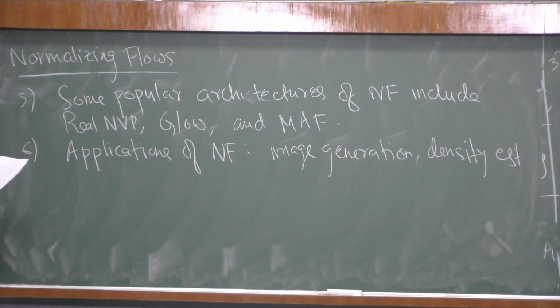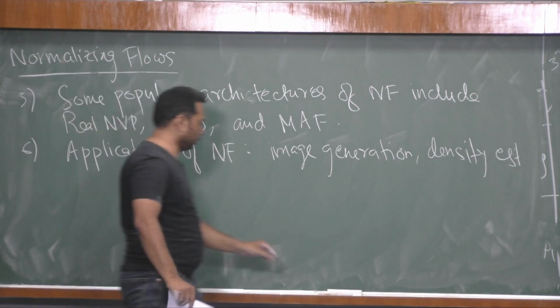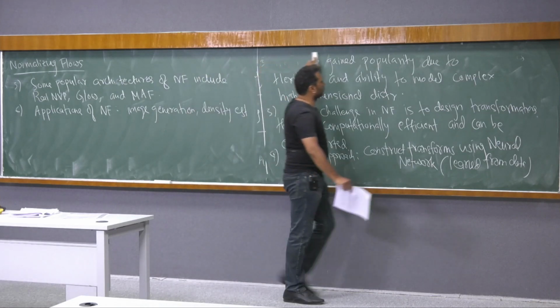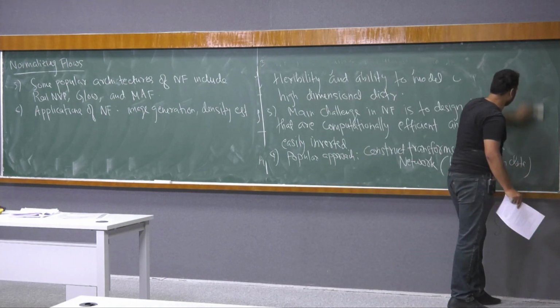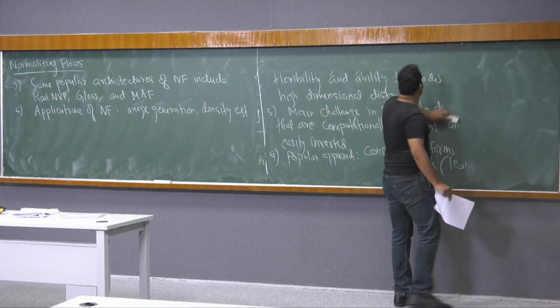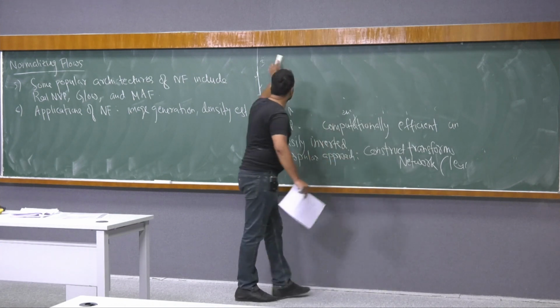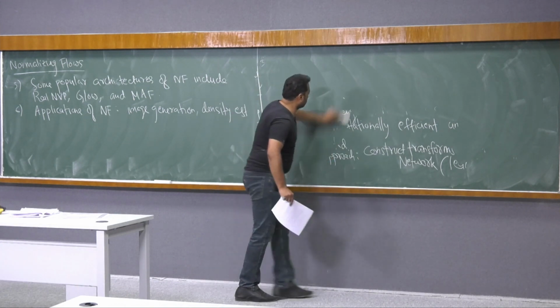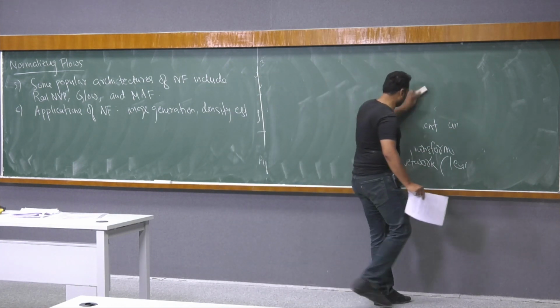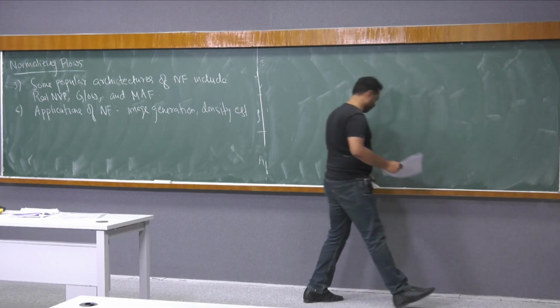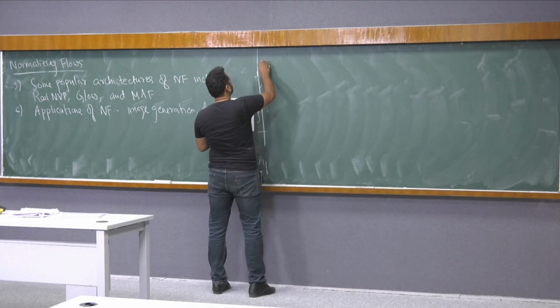These are the applications, and what I will do is that I will also write some points showing the differences between autoregressive flow and normalizing flow. Okay, these will be standard questions asked in the exams as well, like tell some differences. So it's good to have a clear understanding of what these models are and how they differ. So hence I have made a couple of points about differences.